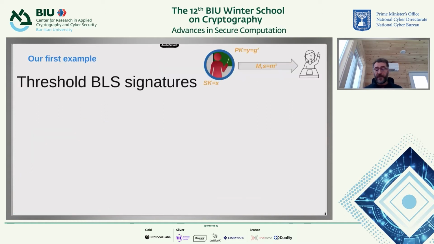How does threshold BLS work? Let's assume for a minute, and we'll talk about that in a second, that there is a dealer: somebody generates the secret key in a single place, and then shares it among n parties using Shamir. Let x1, x2, ..., xn be the shares.